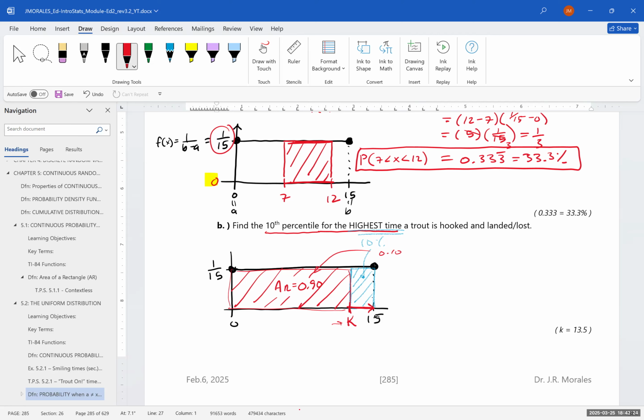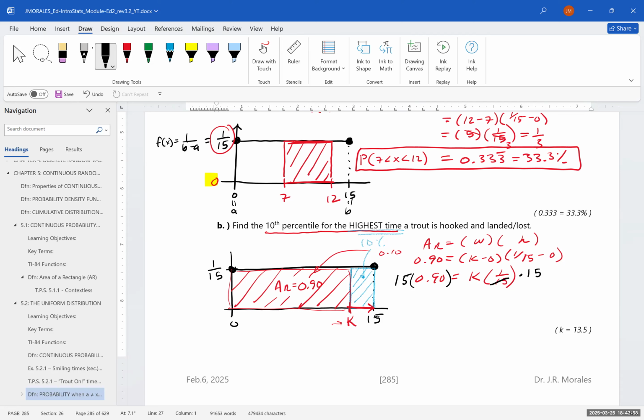The area of our rectangle is going to be the width times the height. The width is going to be K minus 0. The height is going to be 1 over 15 minus 0. And our area is 0.9. K minus 0 is just K, times 1 over 15. Now we can multiply both sides by 15.